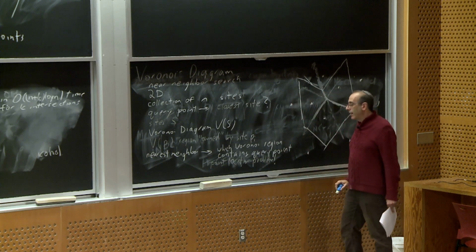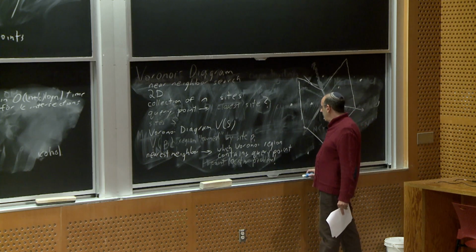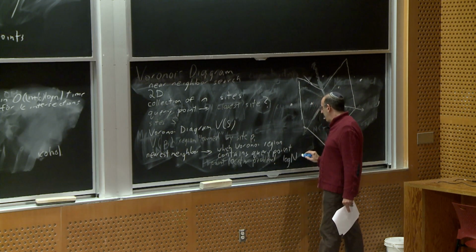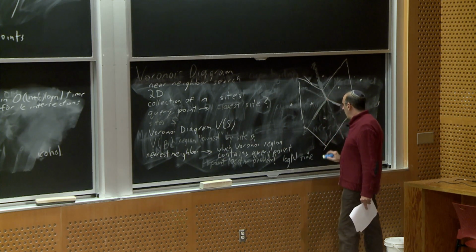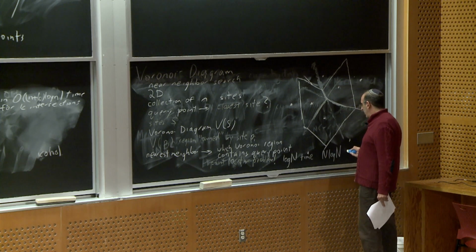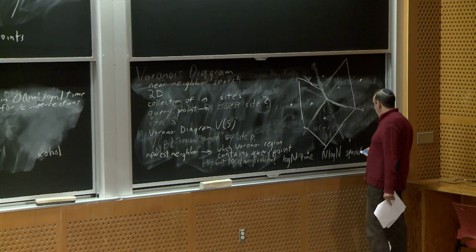And as we saw way back in the beginning, this can be done in log N time, using a capital N, in a data structure that uses N log N space and construction time.